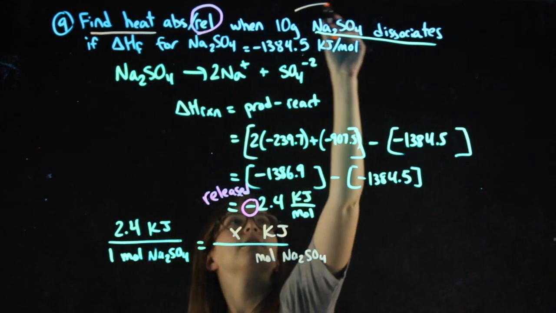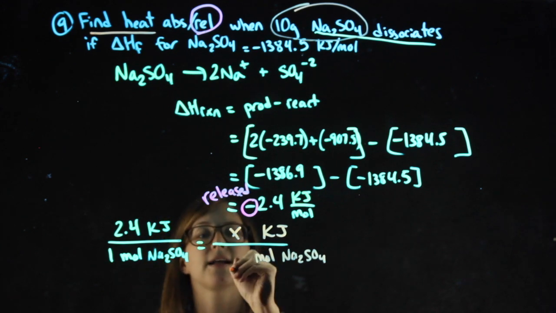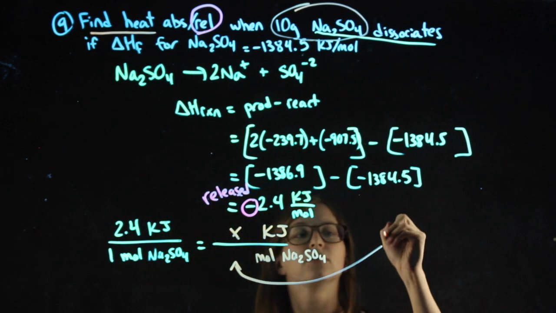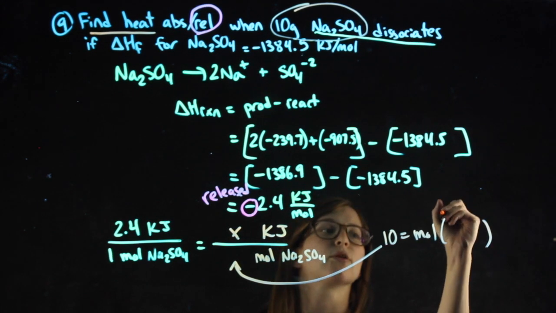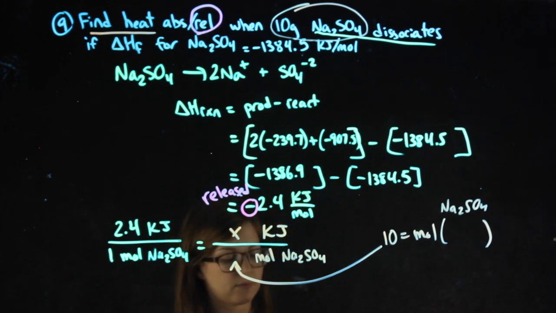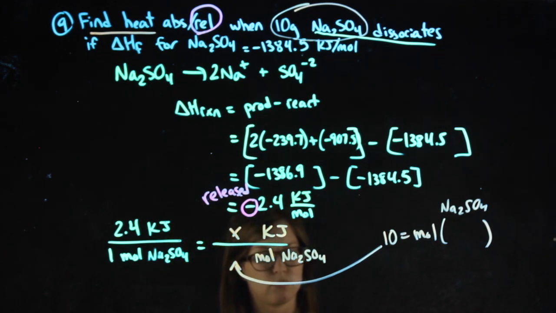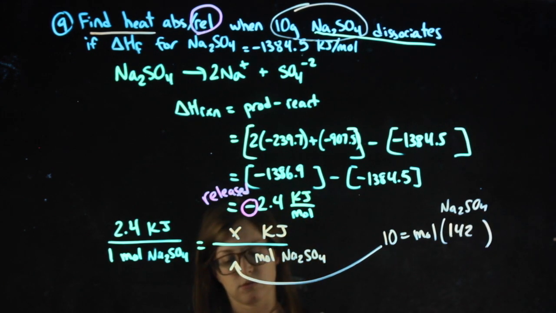So in the question, 10 grams of sodium sulfate dissociating, that's something I can turn into moles. Grams of sodium sulfate equals moles times molecular weight of Na2SO4. Na2SO4, you should get a molecular weight of 142.